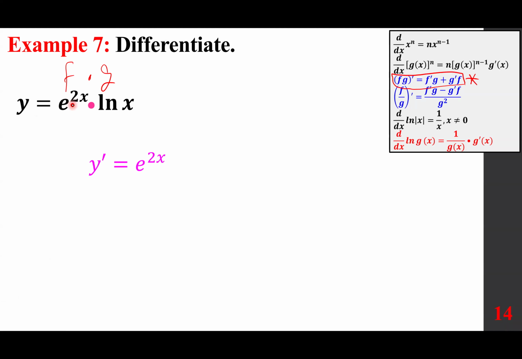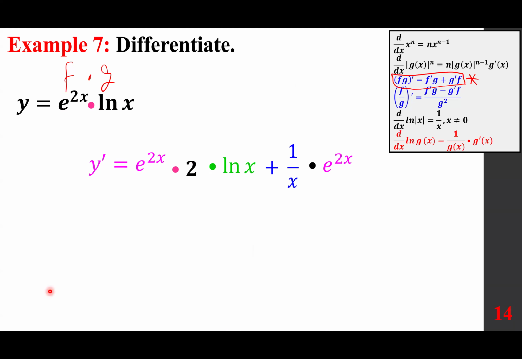And by the chain rule, we need the derivative of 2x, which is 2. So that's f prime, and then times g by the product rule, times ln x. And then g prime is 1 over x times f, e to the power of 2x.